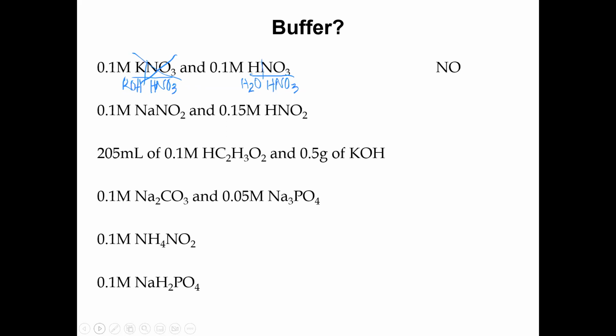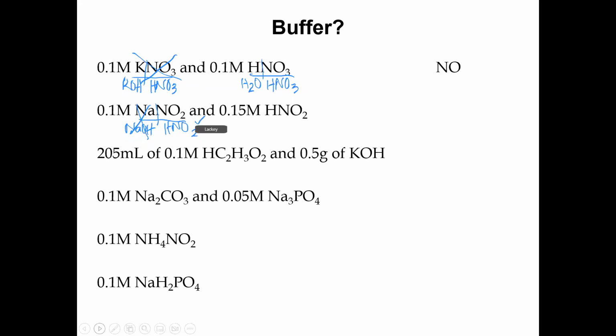Let's look at the next one. We have sodium nitrite and nitrous acid. For sodium nitrite, it can make sodium hydroxide and nitrous acid. The sodium hydroxide would reionize because it's a strong base, but it could make nitrous acid.